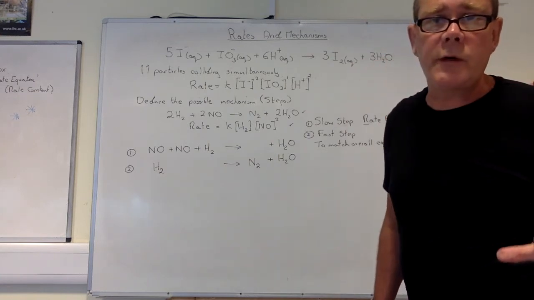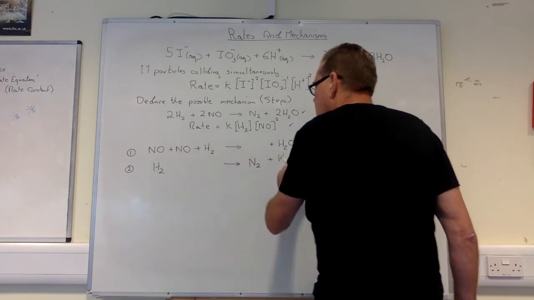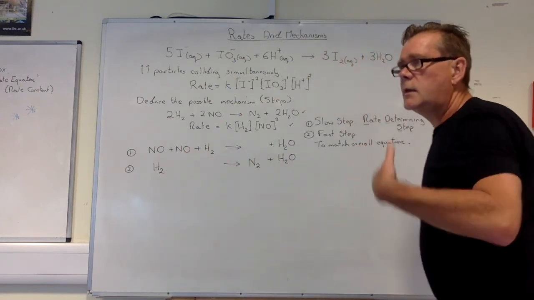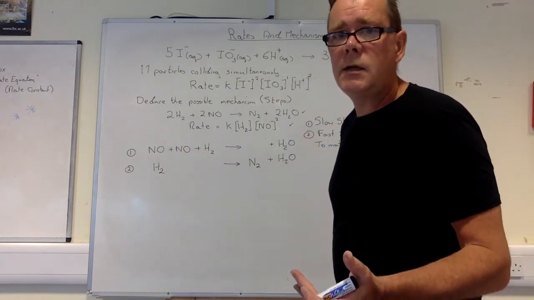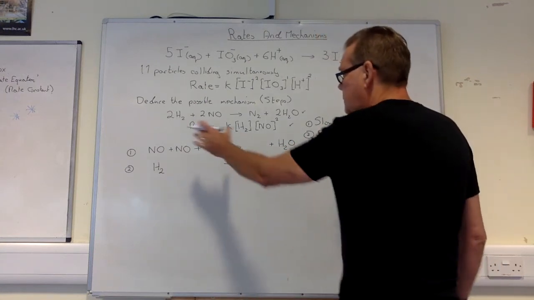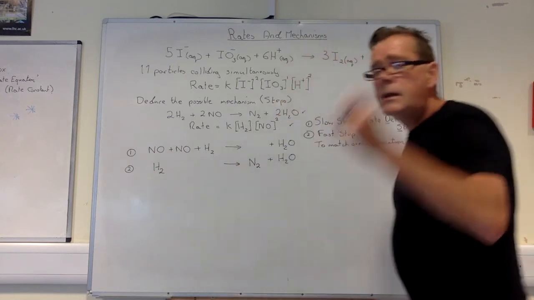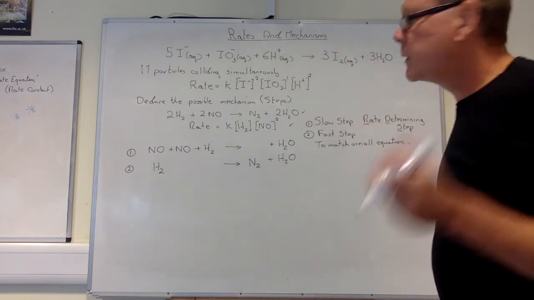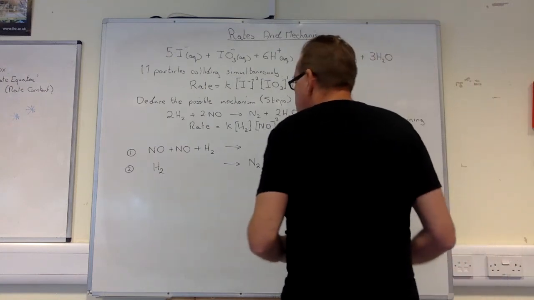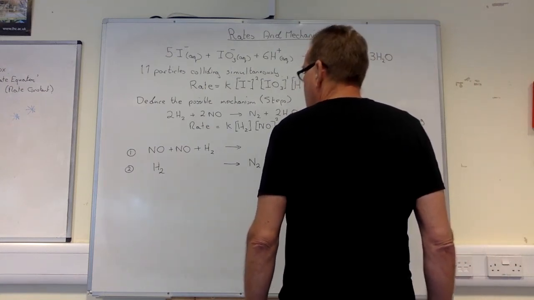It's all covered, but these equations are not balanced. Something is missing, and that something is an intermediate that then cancels out. As it stands, that's fine, but there's a gap there and there's a gap there. This is when you've got to think. So what sort of intermediate could I make here that will satisfy things?